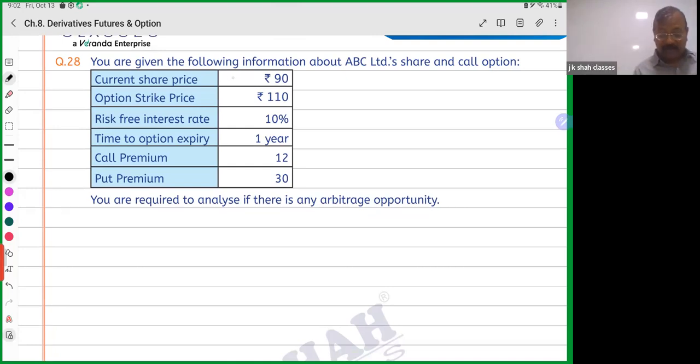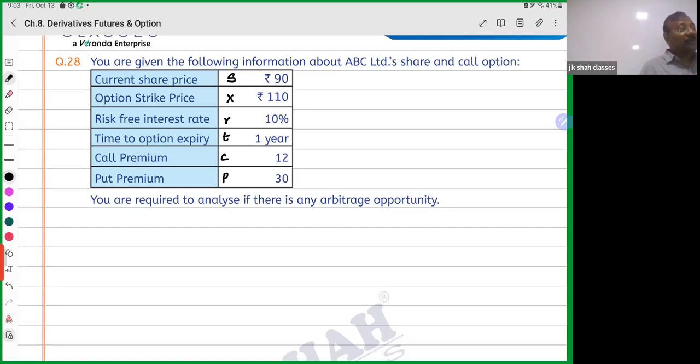So remember, current share price is nothing but S. Option strike price is X. Risk-free interest rate R. Time to option expiry 1 year, T. Call premium is 12 rupees and put premium 30. Now we have to find out whether there is an arbitrage opportunity or not.